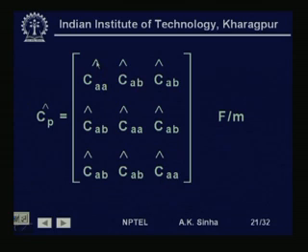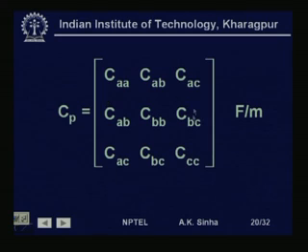Therefore, C_aa hat is equal to C_bb hat and will be equal to C_cc hat. So, the 3 will have the same capacitance to neutral, whereas C_ab and C_bc will also be the same. For a transposed line system, we represent them with a hat, which shows that this capacitance is for the transposed line, not to be confused with the capacitance that we had calculated earlier.